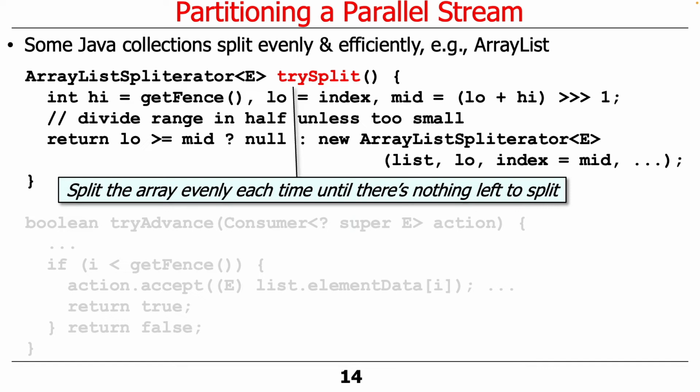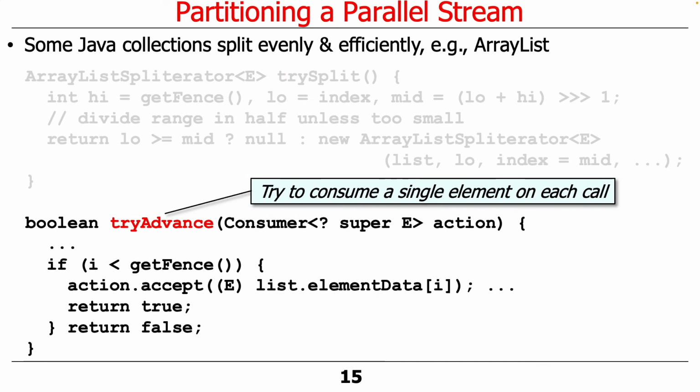So this will split in half. You can see this is very efficient. It takes constant time to compute the midpoint and constant time to create a new spliterator that splits on the midpoint. And then here's the tryAdvance method. This will try to consume a single element on each call. It'll go ahead and call the accept method on the consumer parameter, which is known as the action. So that's pretty straightforward, nothing too surprising there.